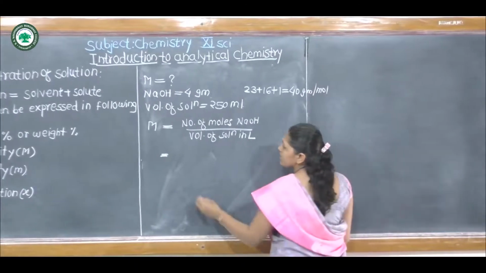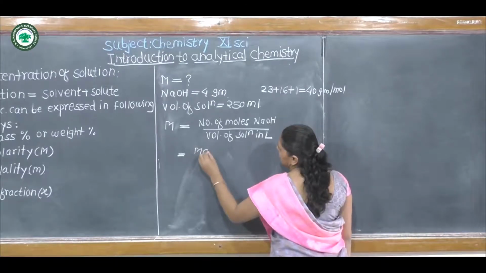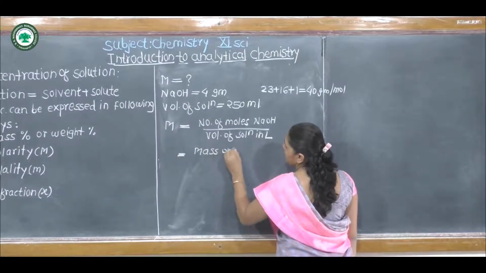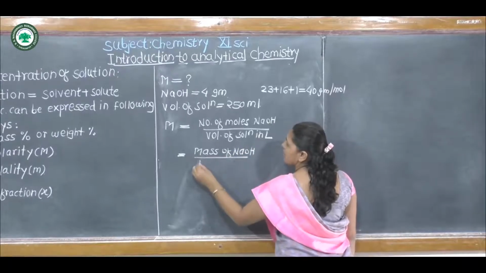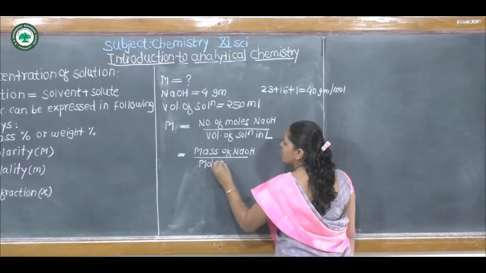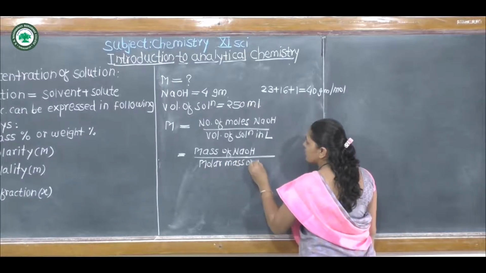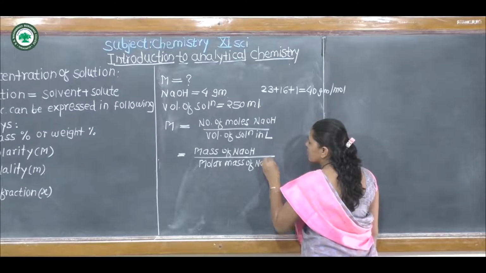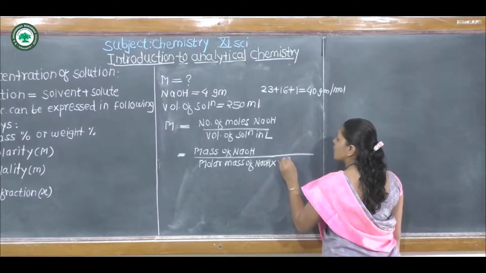Then what is the formula for number of moles? Mass of NaOH divided by molar mass of NaOH, divided by volume of solution in liter.